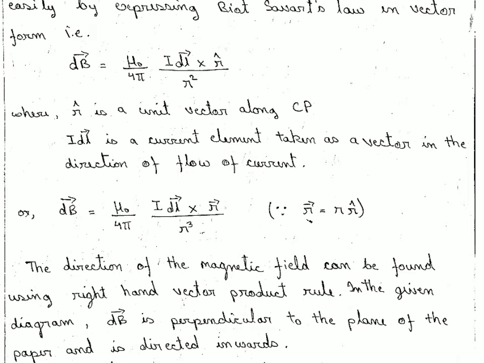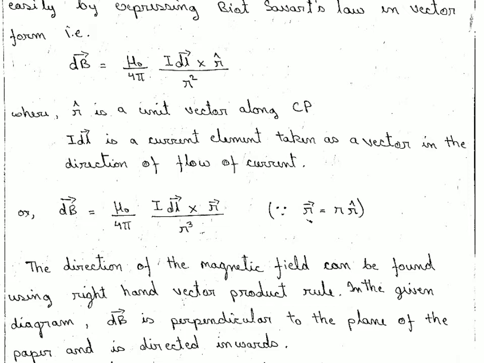Now simply, r is the magnitude of the r vector and r cap is the direction. So if we put the value of r cap from this formula, r cap is equal to r vector divided by r. So instead of r cap, we put r vector divided by r. Hence we get I dl vector cross r vector divided by r cube.